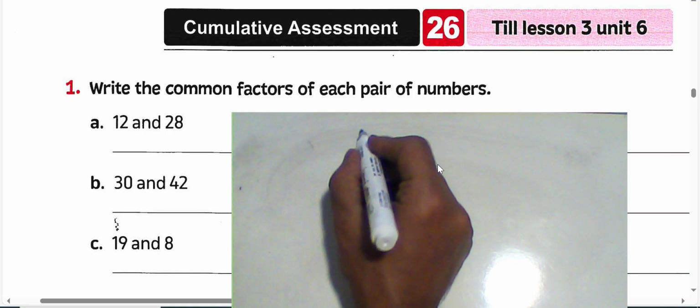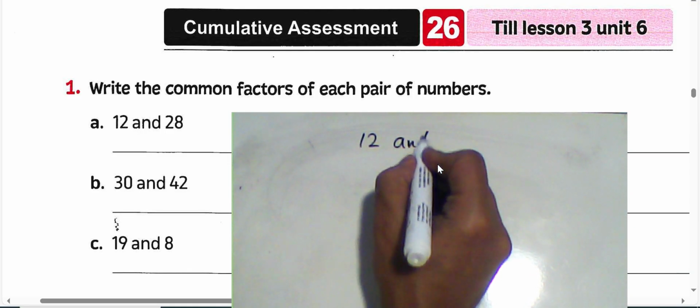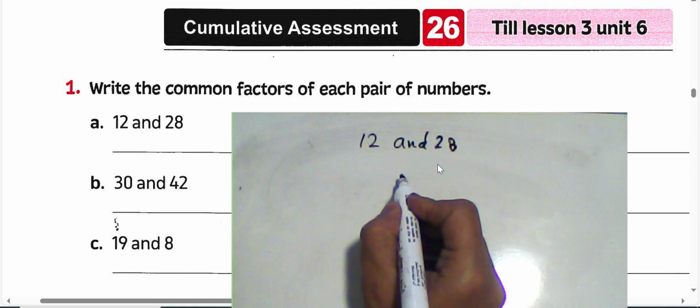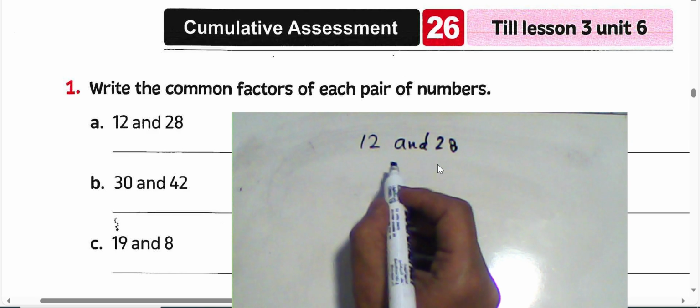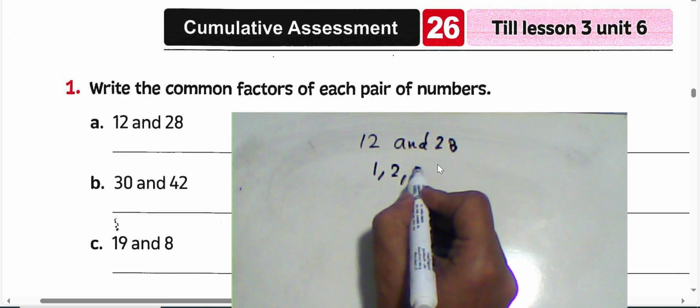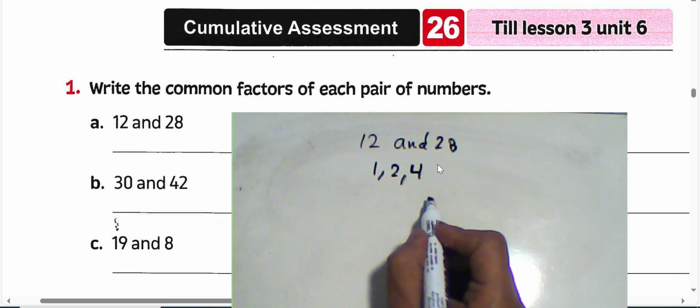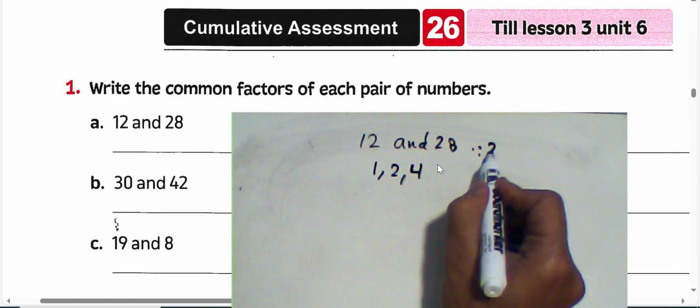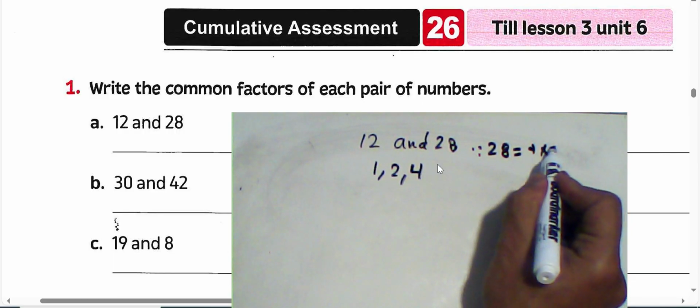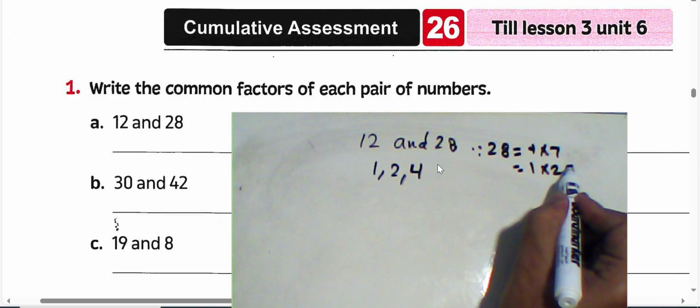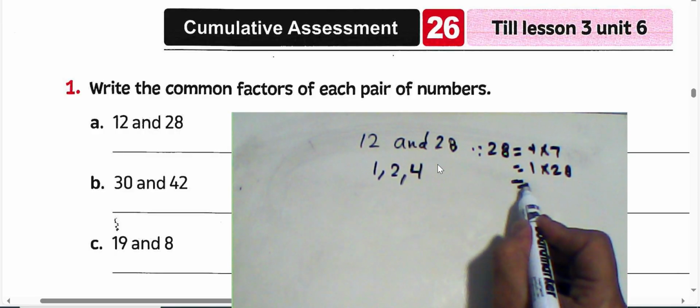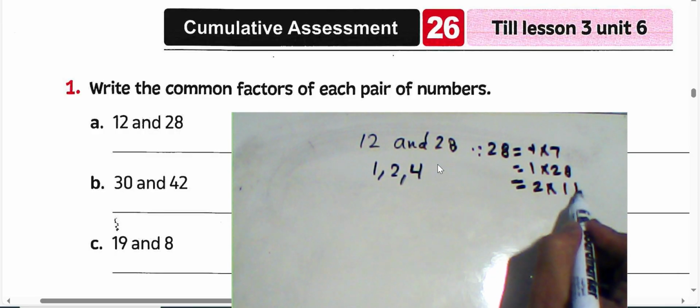Right, 12 and 28. The common factors between them will be 1, 2, and 4, because 28 equals 4 times 7, equals 1 times 28, and also 2 times 14.